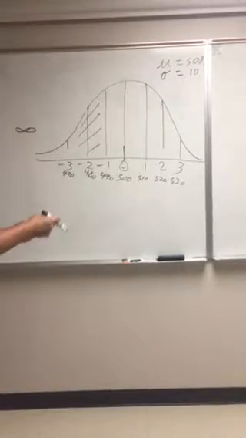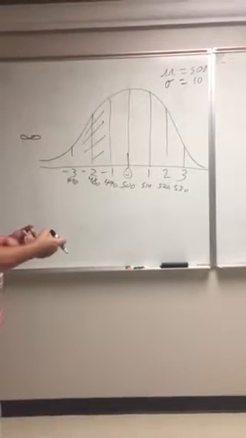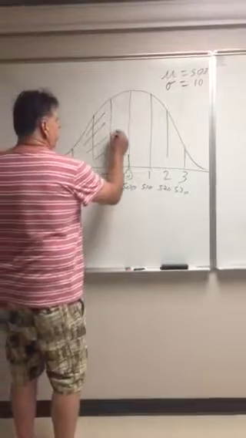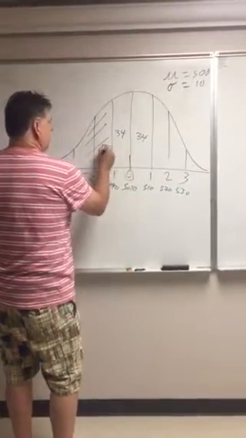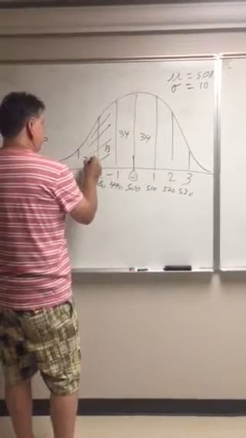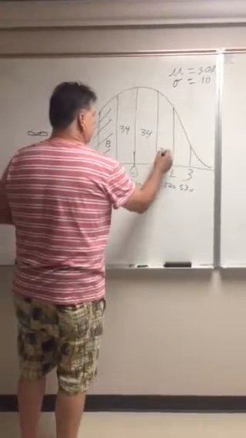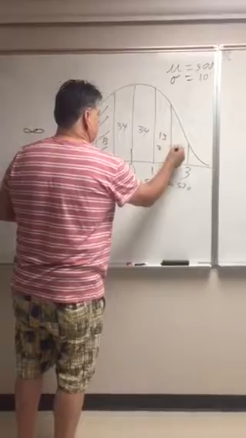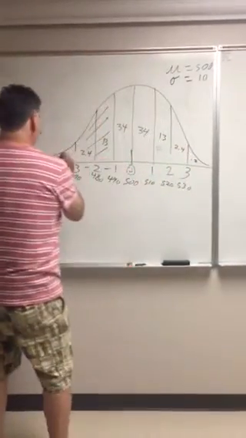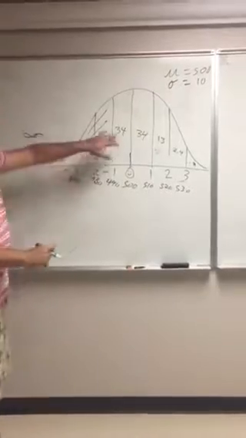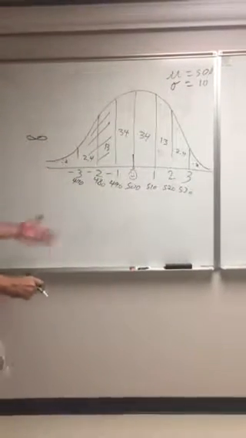So if we go back to that particular slide that I talked about, we know that we have 34, 13, 2.4, I believe it is, and then 0.2 percentage points within this.